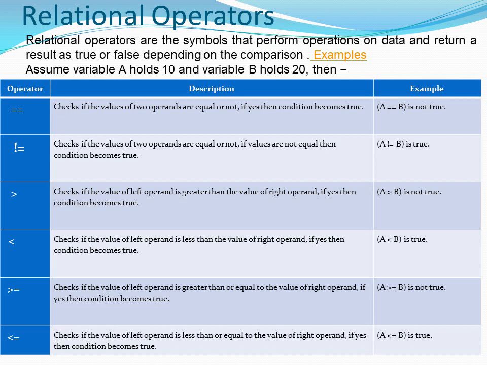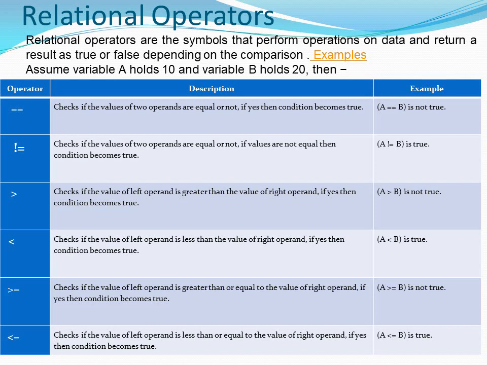If yes, then condition becomes true, means a is equal to b is not true. Then not equal to, it checks if the value of two operands are equal or not. If values are not equal, then condition becomes true.